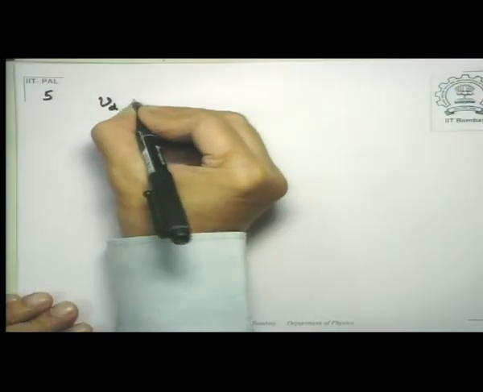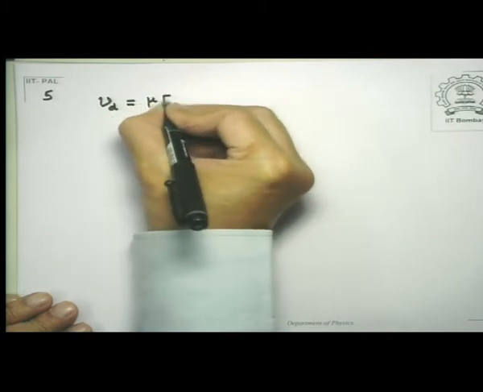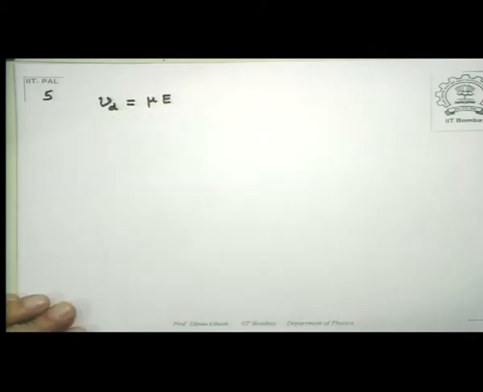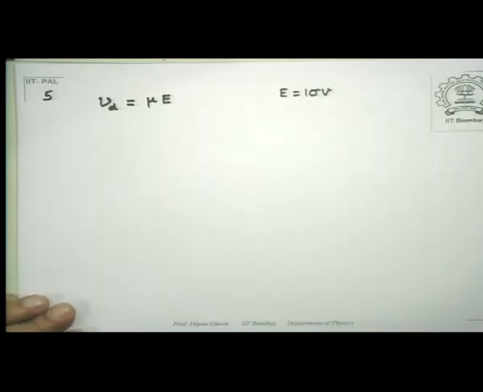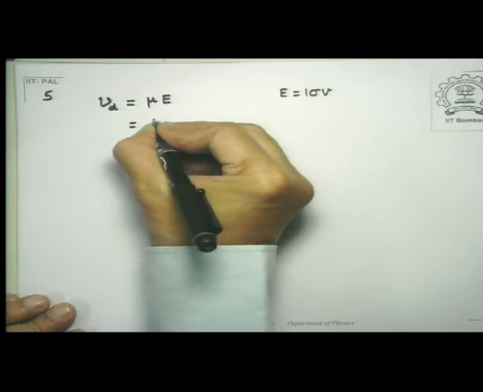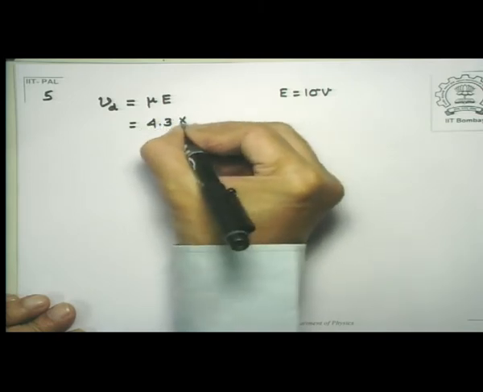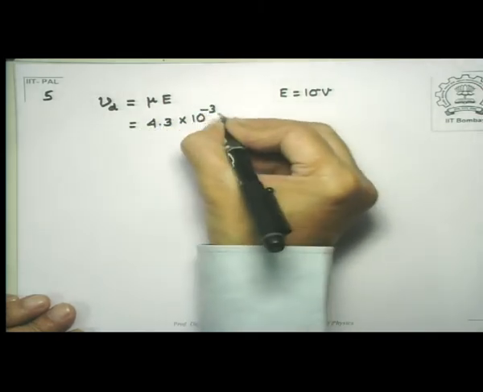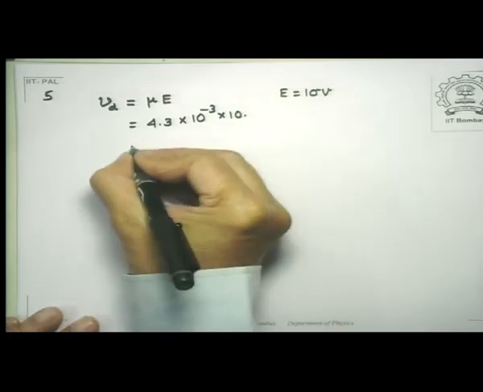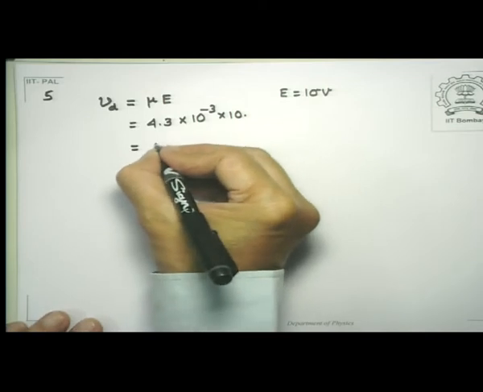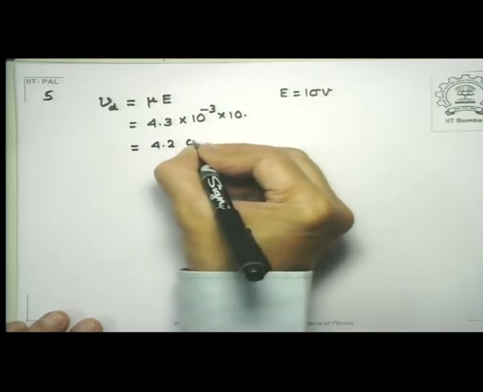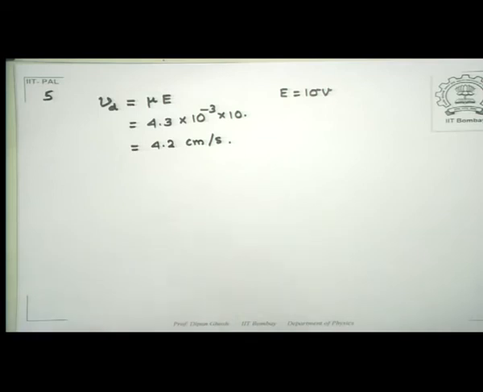Supposing I apply an electric field E equal to 10 volts per meter. I just now calculated μ to be 4.3 × 10^-3, times 10, so that gives you 4.3 × 10^-2, or in other words about 4.2 centimeter per second. Consistently giving us a small number for drift velocity.